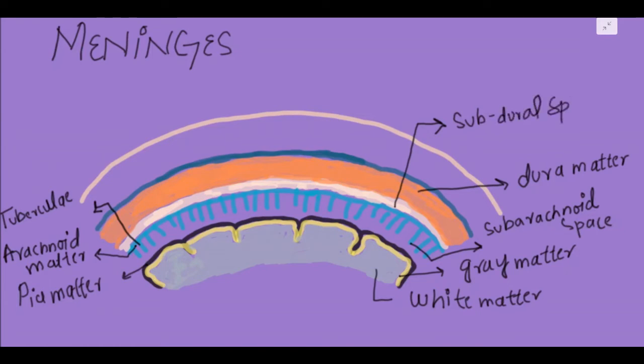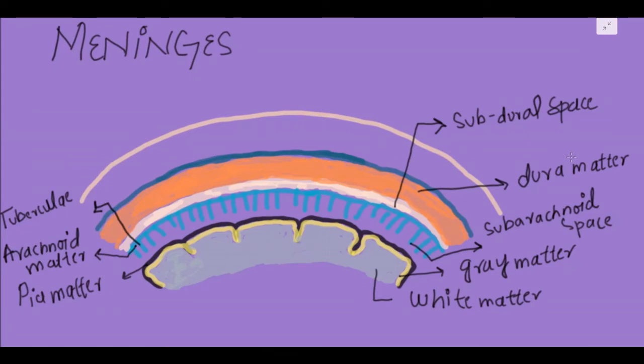Right? So the space between pia and arachnoid was known as subarachnoid space, and the space between the dura mater and arachnoid mater is known as a subdural space.